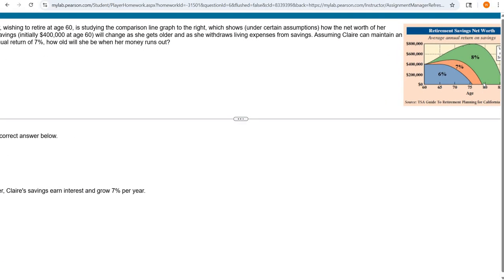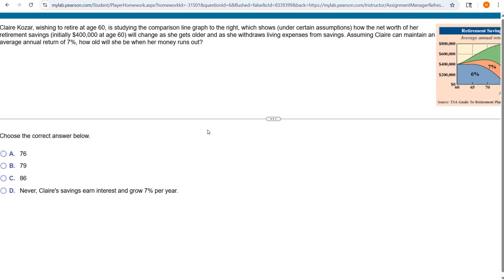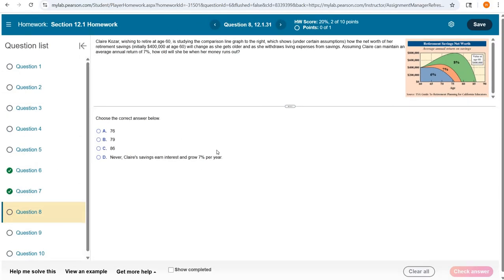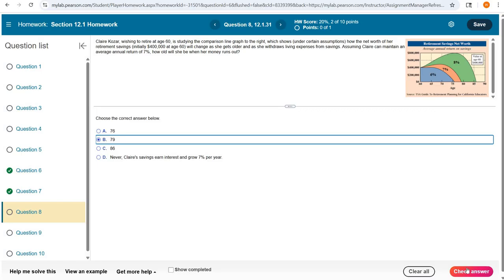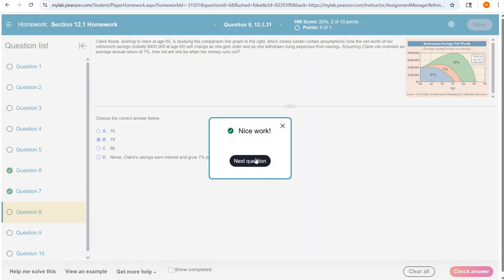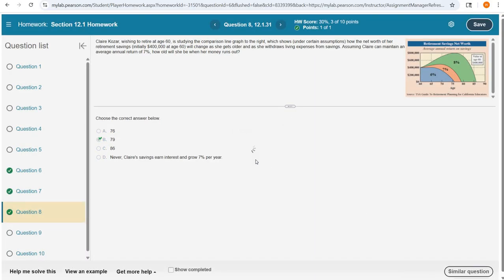This orange one. How old does it look like she's going to be when the value of the money gets to zero? Here the value is 400,000, maybe climbs to 500,000 there, but then starts to fall off: 200,000, 100,000, zero. Well, that looks like she's about 78, 79. They have 79 for me to check, and so I'll check that and they'll say, nice work.